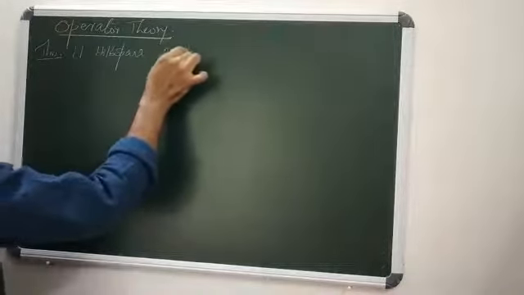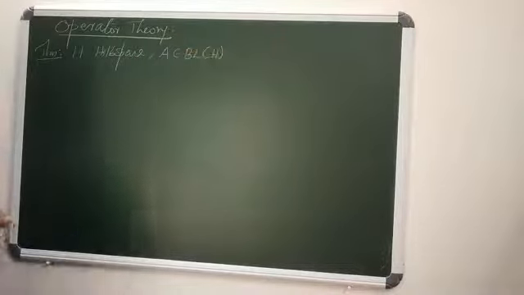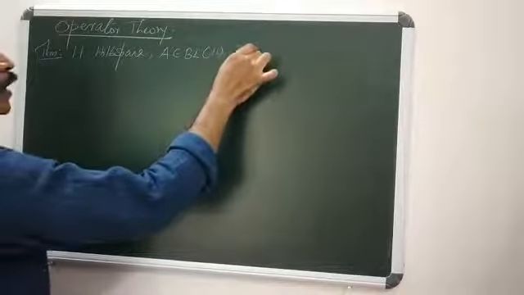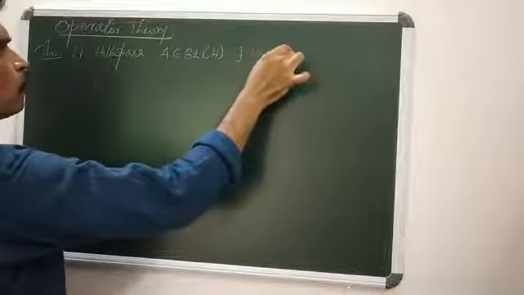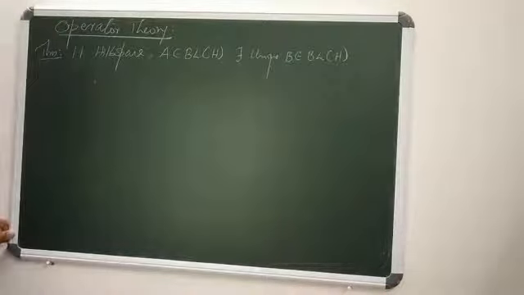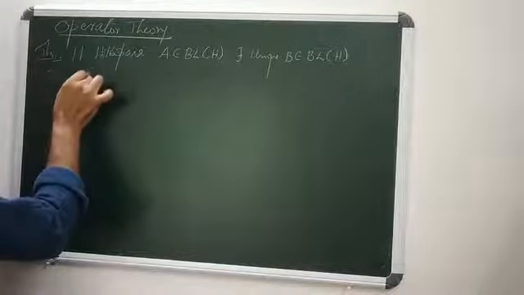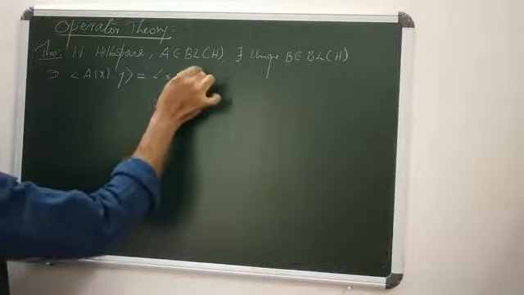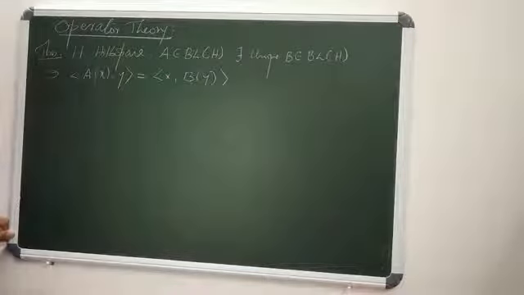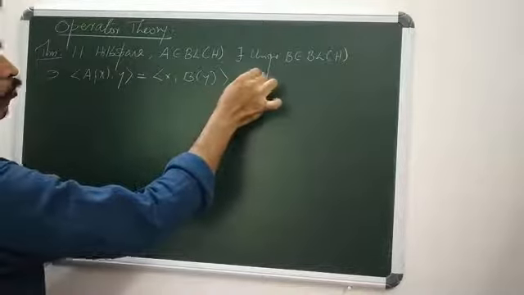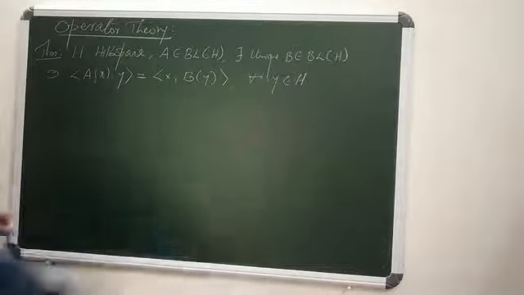A is in BL(H), a bounded linear operator on H. Then there exists a unique B in BL(H) such that inner product Ax, y equals inner product x, By for all x, y in H. So this is an important theorem.